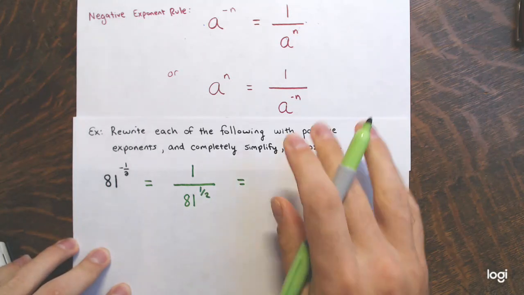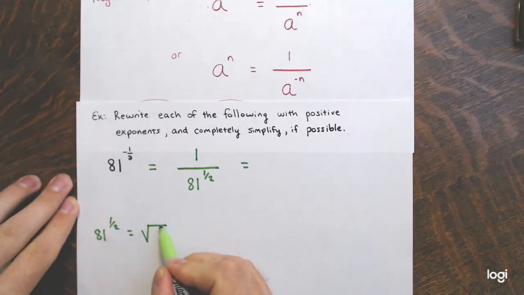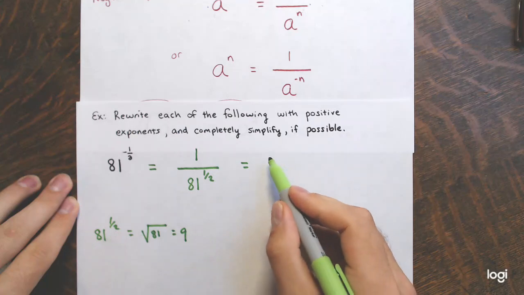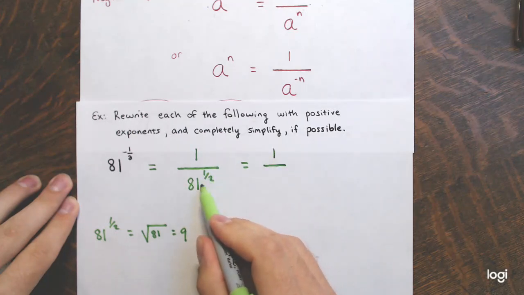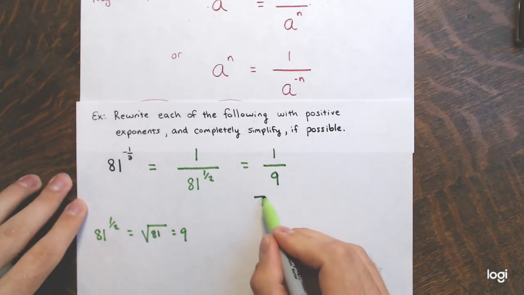And 81 to the positive half, remember that's just the square root of 81, which is 9. So that means 81 to the negative half is 1 over 81 to the half, 1 over the square root of 81, 1 over 9, or 1/9.